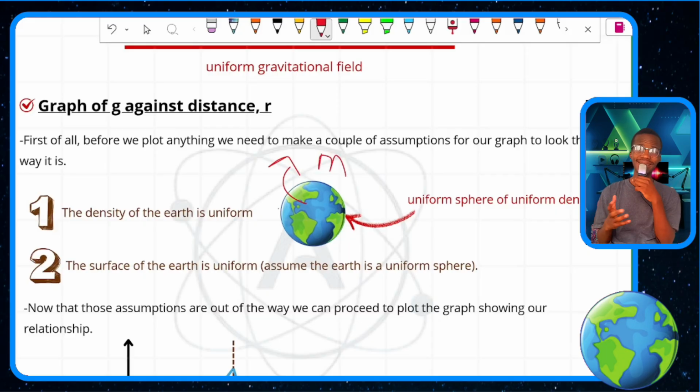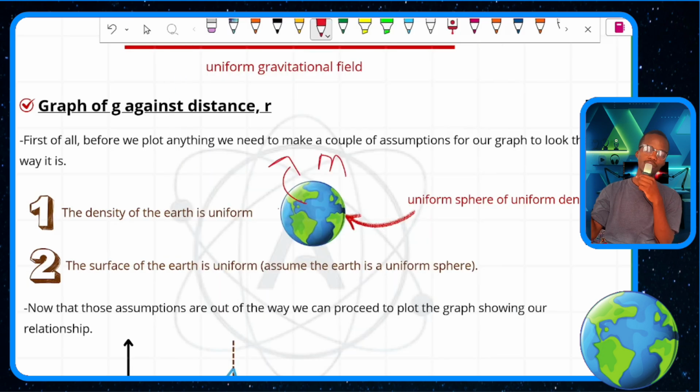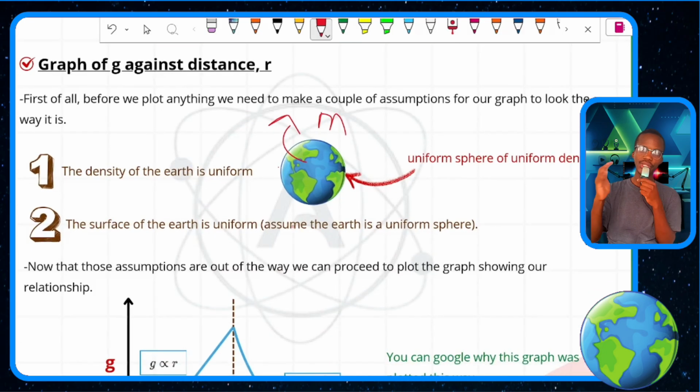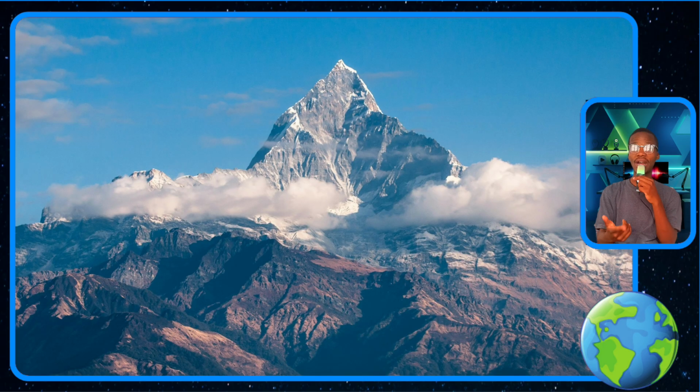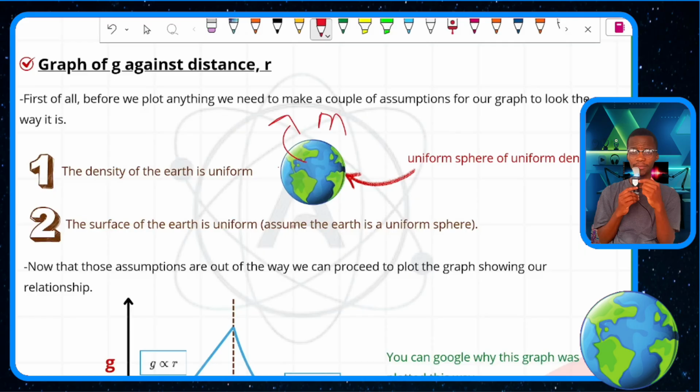In reality, this is not true. For example, most of the mass of the Earth is concentrated at the core, but then elsewhere it's getting lighter and lighter. But for argument's sake, we assume that the density is uniform. We also assume that the surface of the Earth is uniform, so the Earth is a uniform sphere. So we're assuming there are no mountains, there are no valleys, there is none of that.